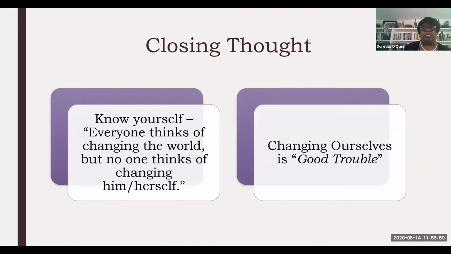And then finally, my closing thought to you is everybody wants to change the world and see the world differently. Don't we all? But one of the most important things is that you know yourself. And everyone thinks of changing the world, but no one really thinks about the urgency of changing him or herself.